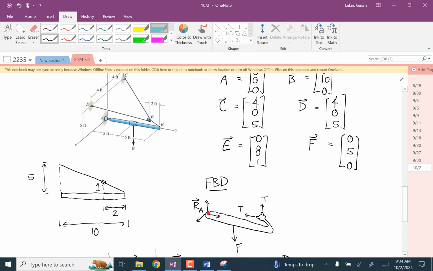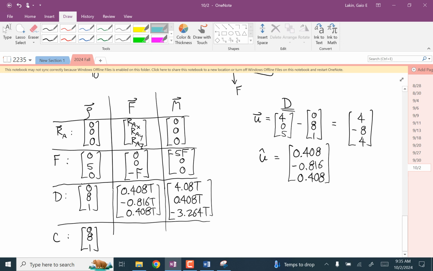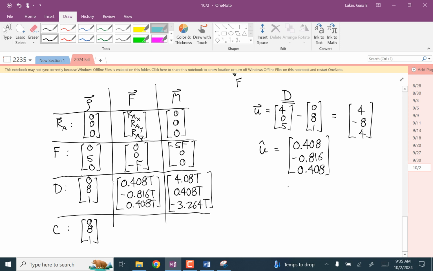All those distances are the same. It's perfectly symmetric. It's just that that 4 is going to be in the negative X direction. So feel free to go through the steps, but this is just going to come out to be negative 0.408, negative 0.816, 0.408.